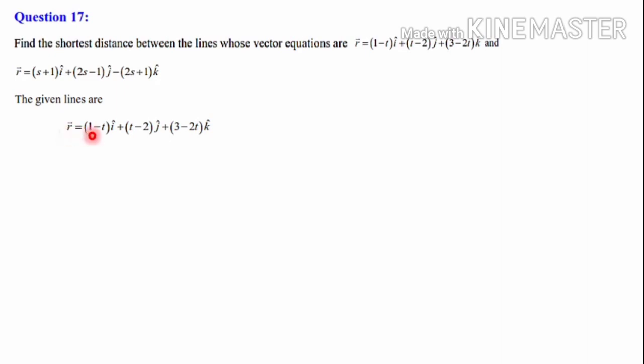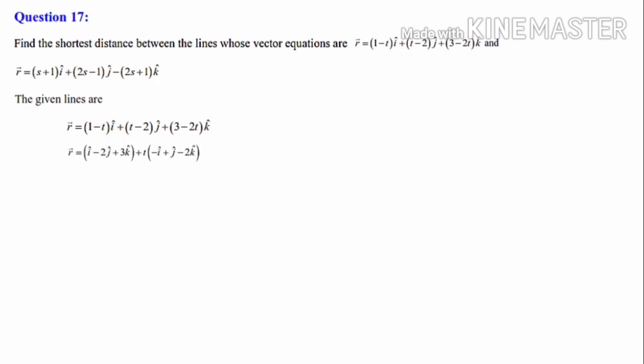Vector r is equal to 1 minus t into i cap plus t minus 2 into j cap plus 3 minus 2t into k cap. Here i components with constants, that we can take as one vector, and t is a constant we can consider, and t we have to take outside like lambda. Then the remaining terms we can form another vector.